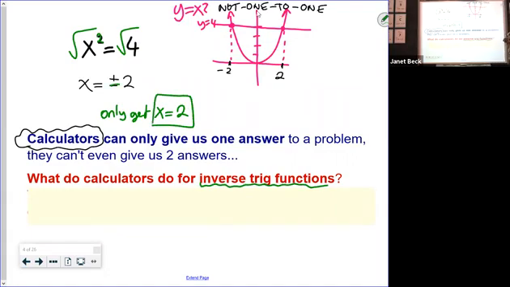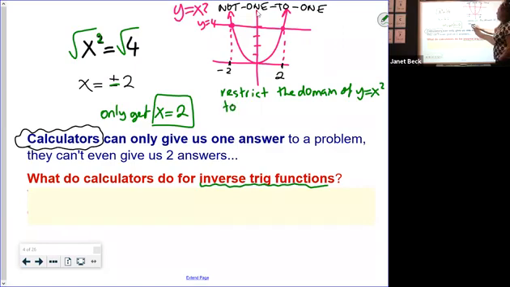The reason is, if a function is not one-to-one, we have to restrict. This idea of what we're doing now is what we're going to apply to inverse trig. Please write these notes. We need to restrict the domain of y equals x squared to make the graph one-to-one.